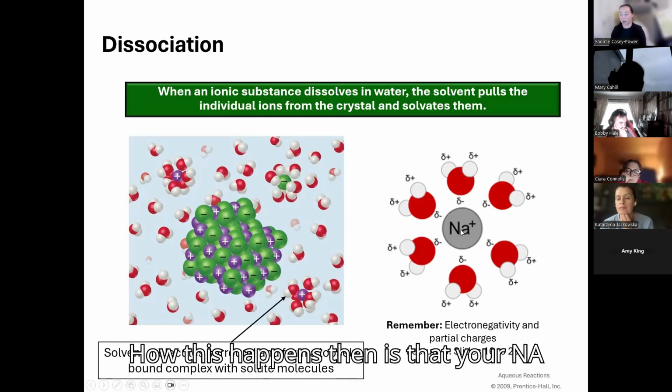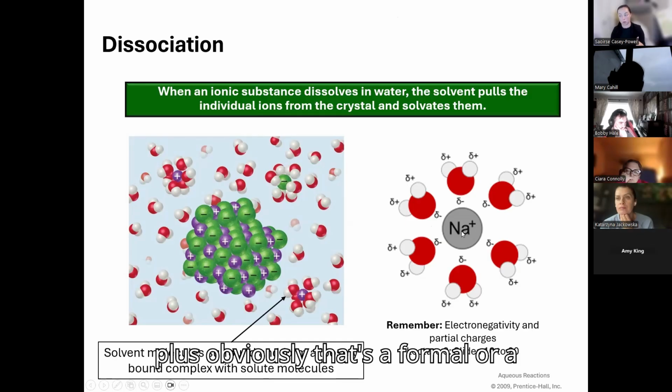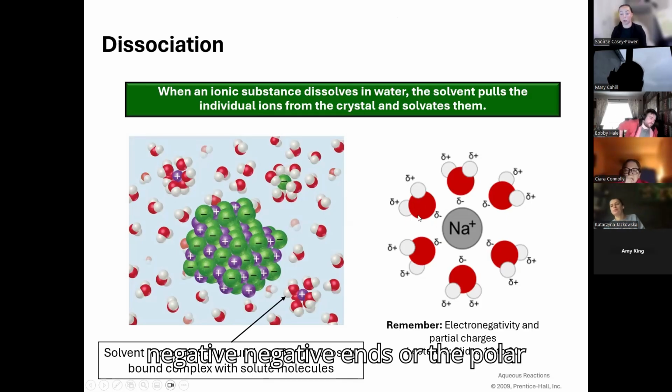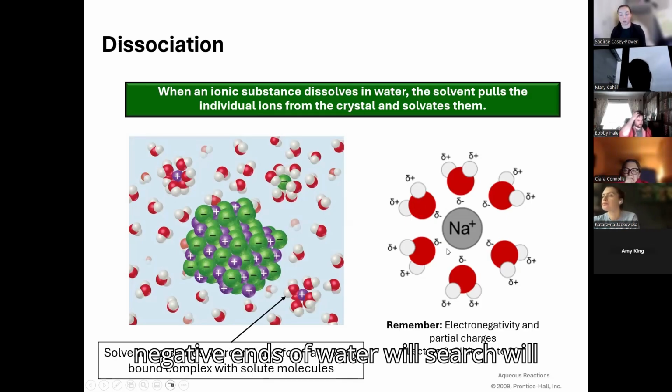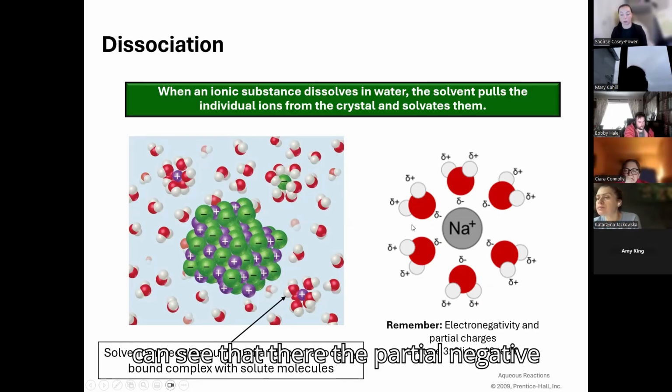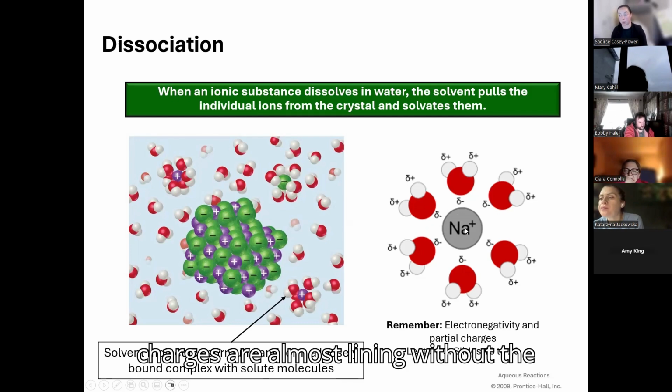How this happens then is that your Na+ is obviously a formal, or complete, positive charge. The negative ends, or the polar negative ends, of water will start to align themselves with that. You can see there, the partial negative charges are almost aligning with that positive charge in the center.